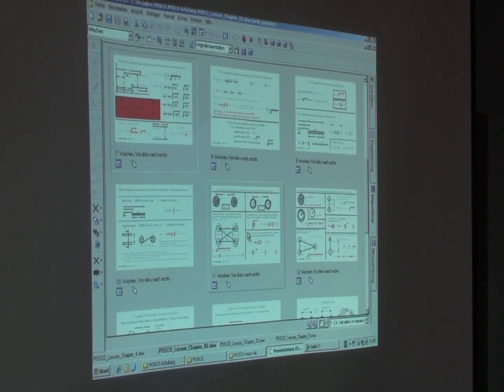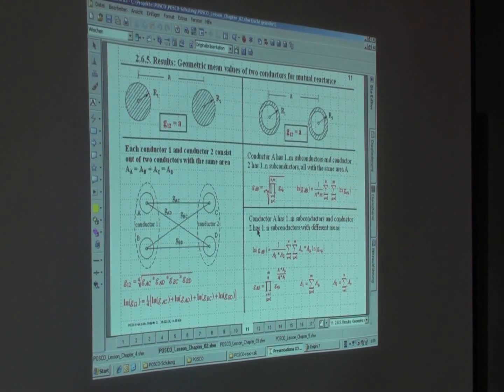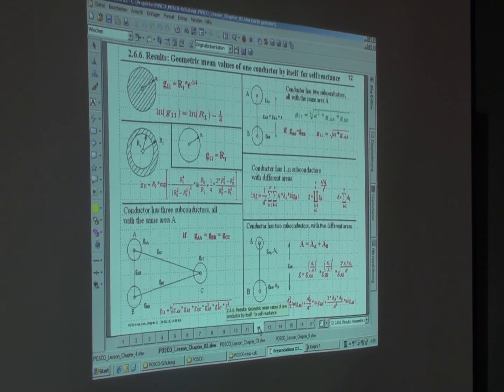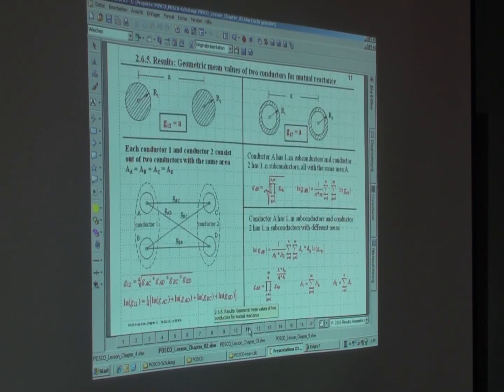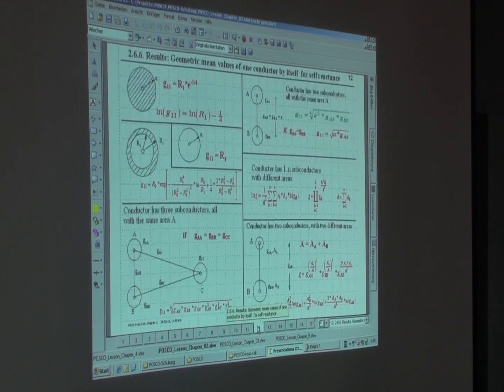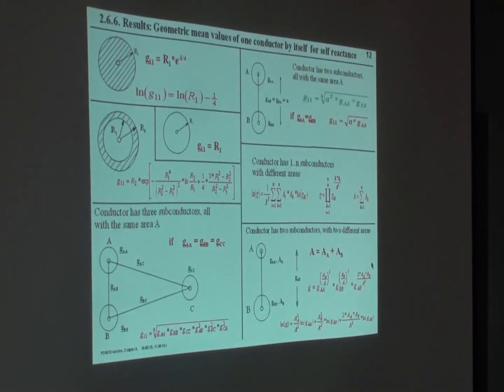We have round conductors. Round conductors we have here, or this one. No, this is the mutual one and this is the self one.